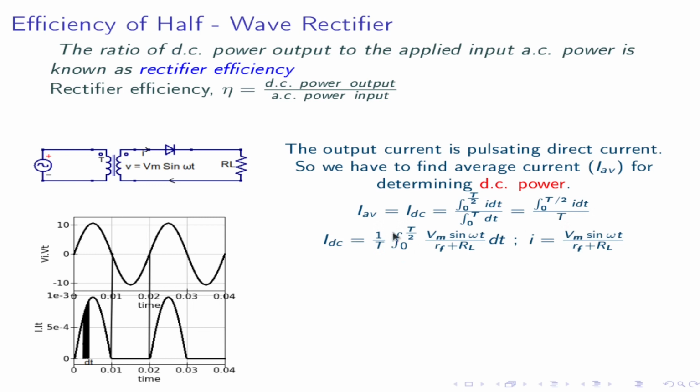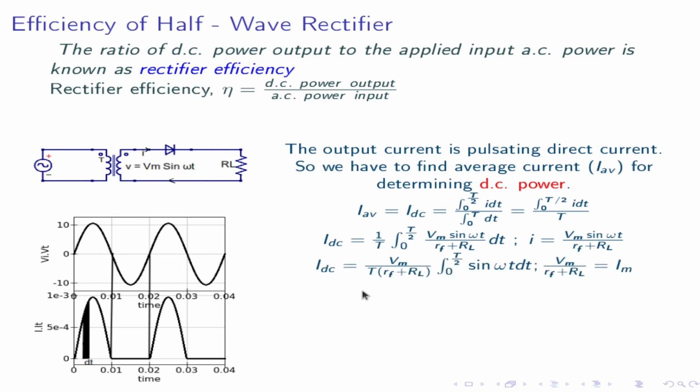I is V by resistance, so V is Vm sin omega t. Resistance is the forward resistance of the diode plus the load resistance. That is Vm sin omega t by Rf plus RL, dt.